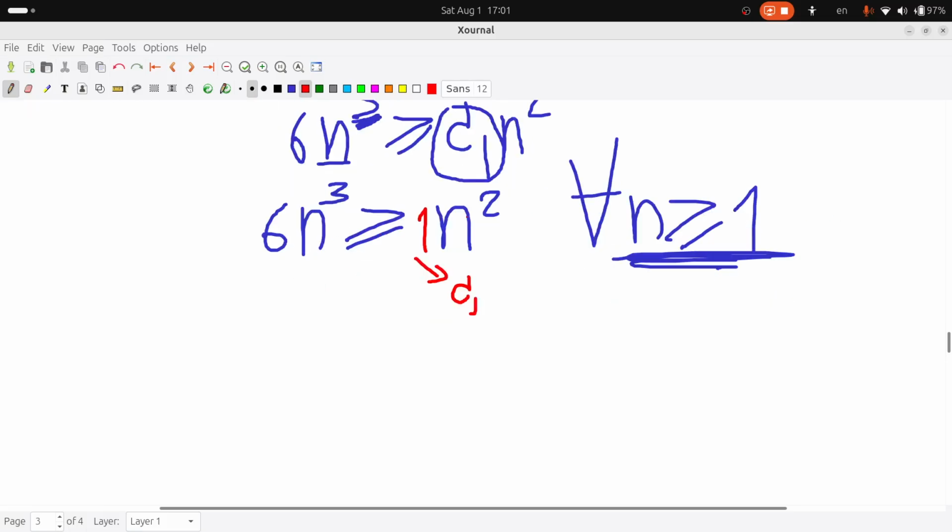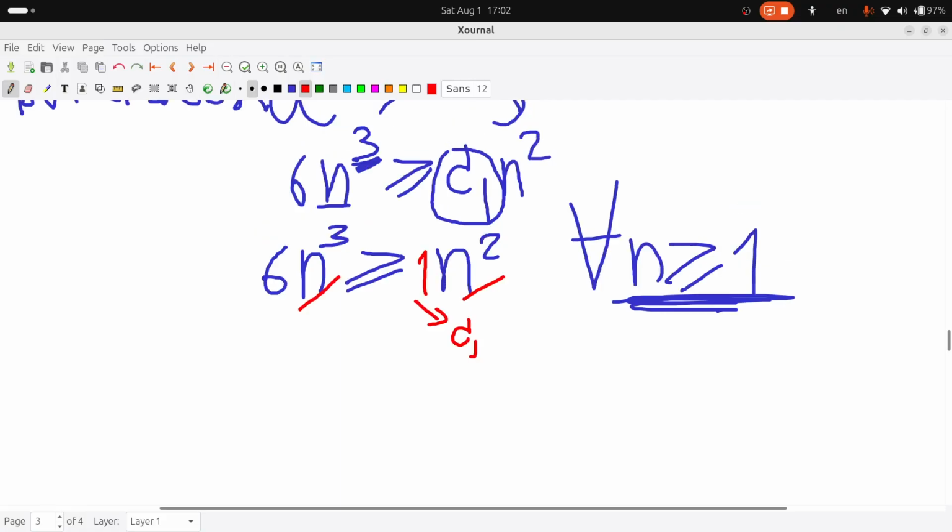How can we know this? It's easy to see because I showed you in this small graph that n power of 3 grows larger than n square. So it's easy to say that from n equal to 1, this inequality will be true, right?